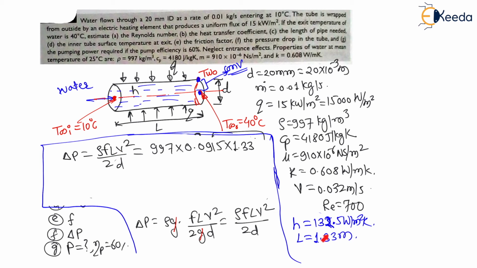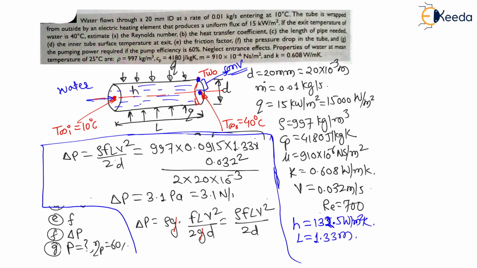Then the velocity, also calculated, is 0.032, squared, whole divided by 2 into diameter. Diameter is nothing but 20 into 10 to the power minus 3. From this, you will get the pressure drop. So let us calculate it. You will find 3.1 Pascal, that is 3.1 Newton per meter square. This will be your pressure drop.